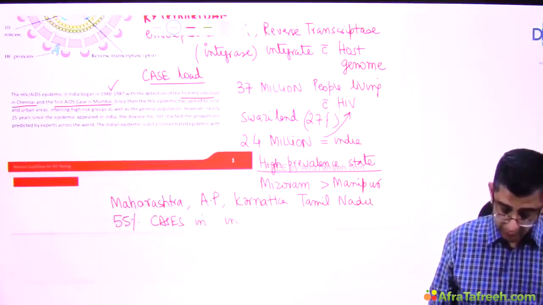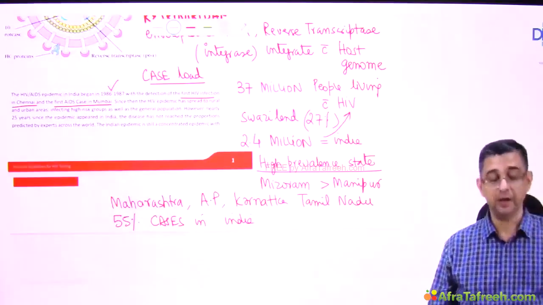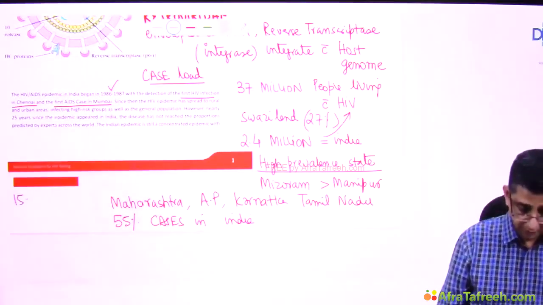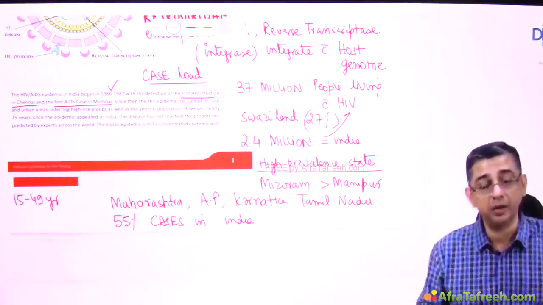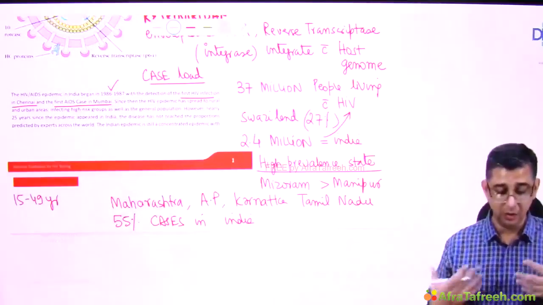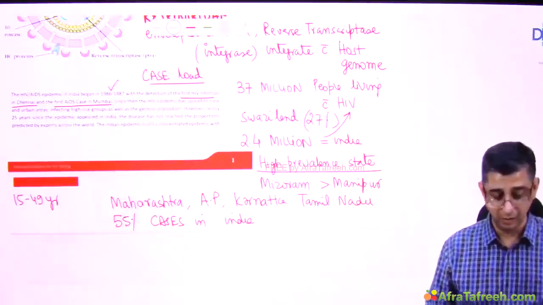When it comes to age group, the major age group that is affected in India is 15 to 49 years of age. That is obviously sexually active adults are the ones which are going to be affected, because the sexual route is the most common route of spread of this particular virus.